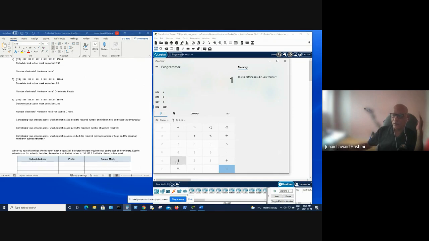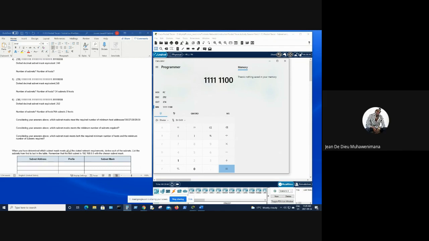So 1, 2, 3, 4, 5, 6, 7, 8. That would be the subnet mask if you borrow 6 bits.